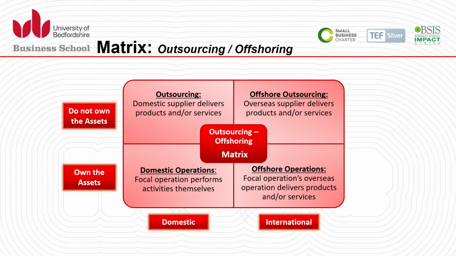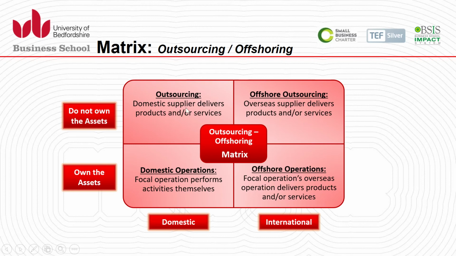And then at the same time, if the asset is not owned by the company, but it is owned by another third party, and they are also located in another country, so that grid of the matrix means offshore sourcing, outsourcing rather.